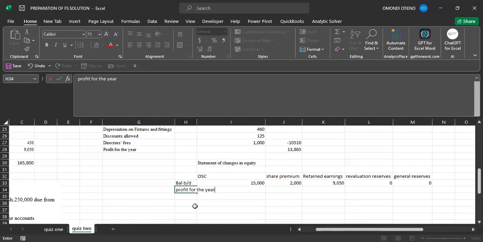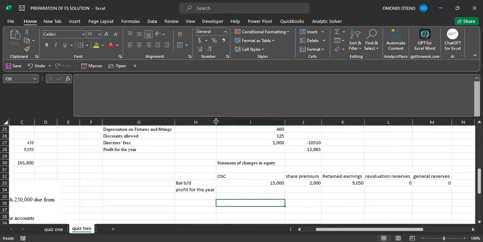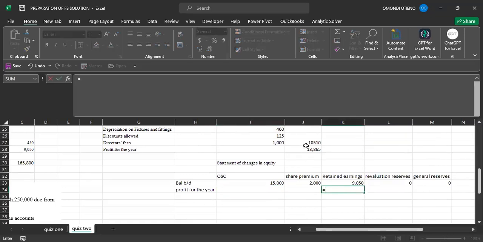Which account will be affected by profit for the year? Is it retained earnings, share premium, or ordinary share capital? Retained earnings, right? So our profit for the year will be taken to retained earnings. It's a positive figure, 13,865.